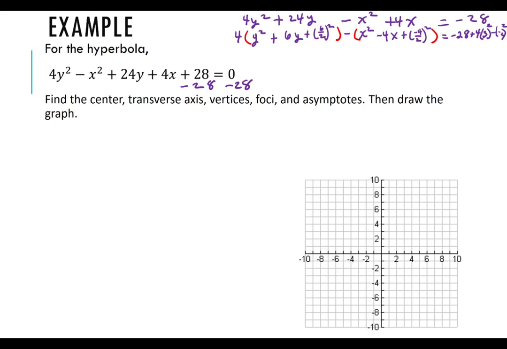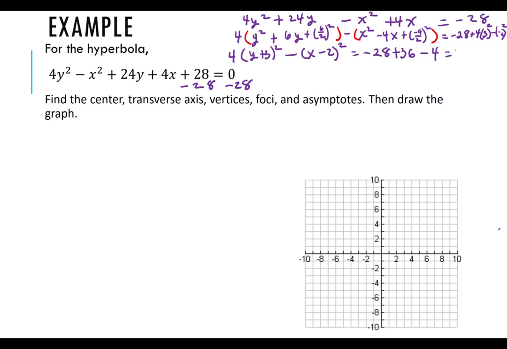And so then what do we have? Well, this now factors. So this is 4 times y plus 3 quantity squared minus x minus 2 quantity squared is equal to negative 28 plus 4 times 3 squared, 4 times 9, or 36, minus negative 2 squared, but that's just going to be 4.